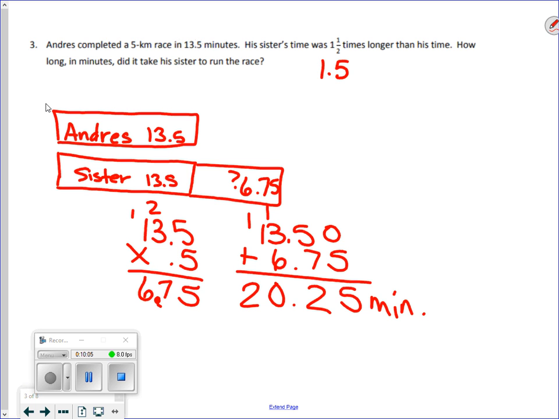So if you have figured out so far that 1 1/2 is the same thing as 1 5/10, because we've done that one several times, you could have saved yourself some time and just multiplied this times this, and you would have got the same thing.